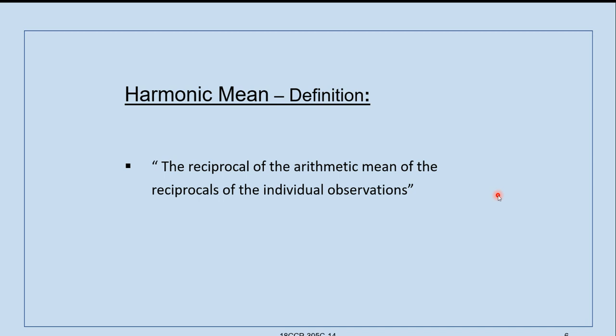If it is a discrete series or continuous series, we will multiply the frequency with the reciprocals. Here the frequency is taken normally and we will not take the reciprocal of the frequency. We will take only the frequency.